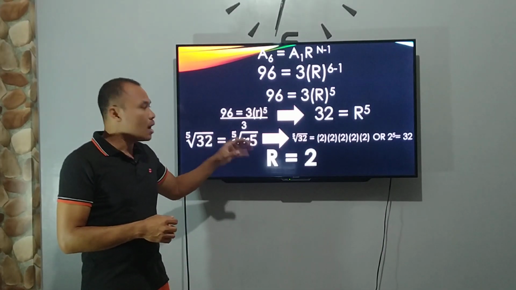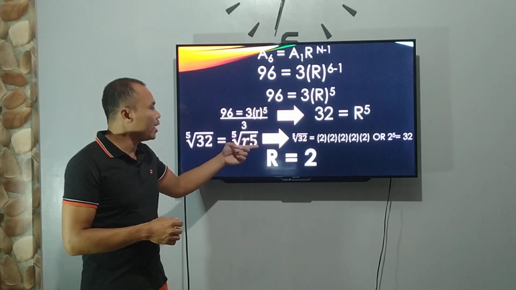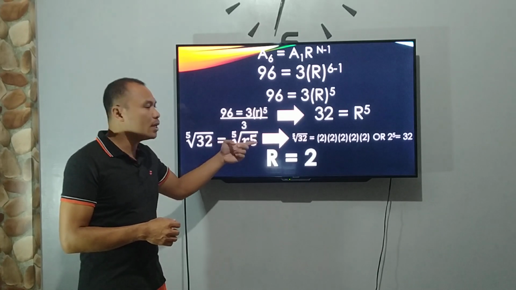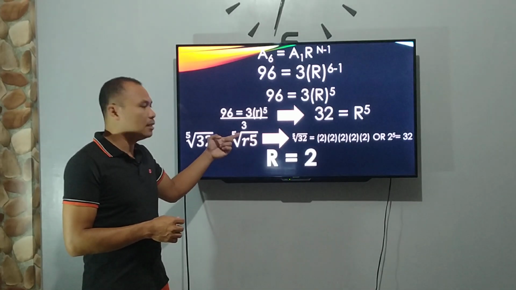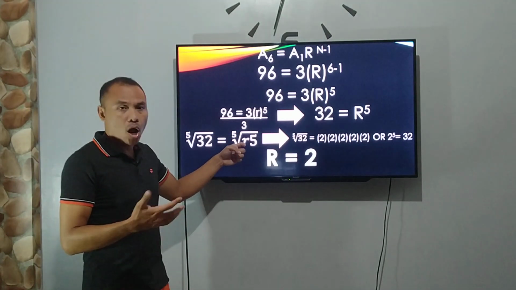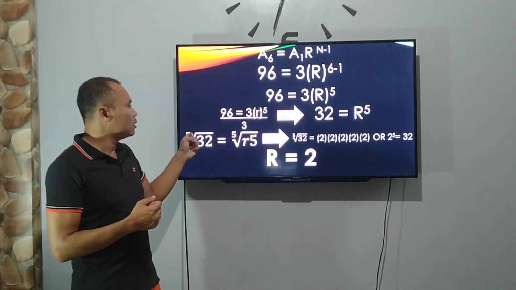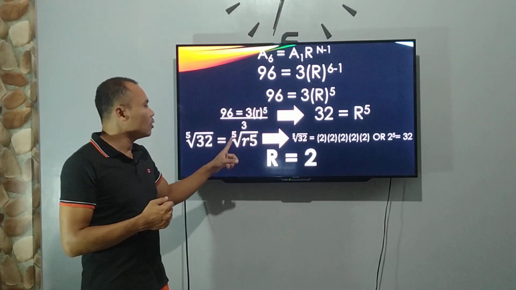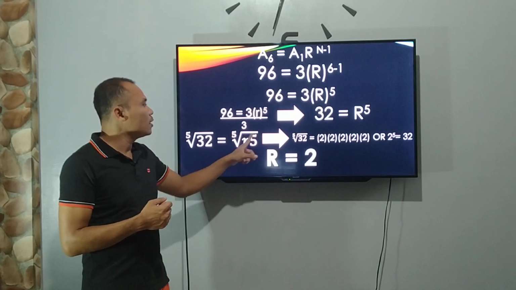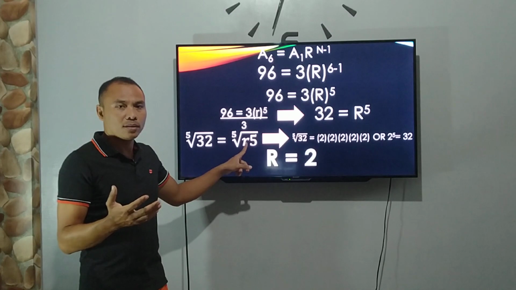R raised to 5, kailangan ito ay maging 5. Kung ang exponent natin ay 10, 10 din siya. Nagkakaintindihan? Depende kung anong exponent nung R. And then, matitira dito, fifth root of R raised to 5 is R na lang matitira.